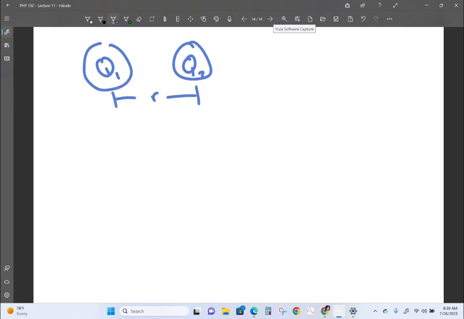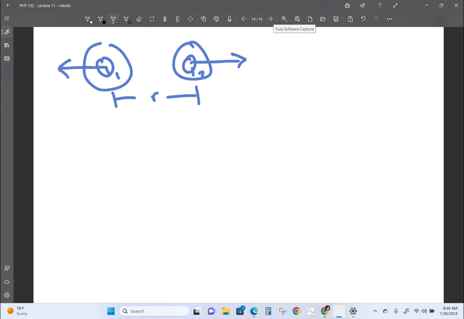First of all, we know that if we have two charges, Q1 and Q2, separated by a distance r, the force, assuming these two in this scenario are the same charge, will be equal and opposite on each one.